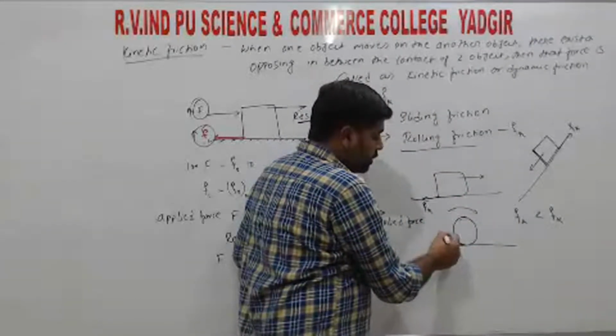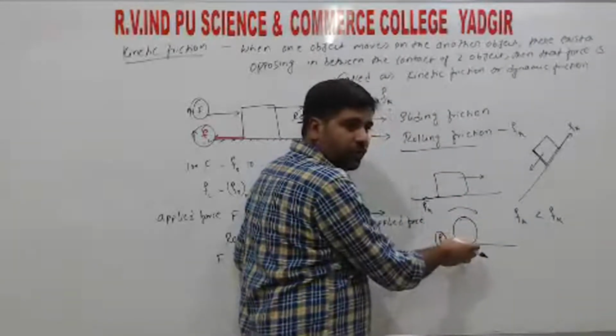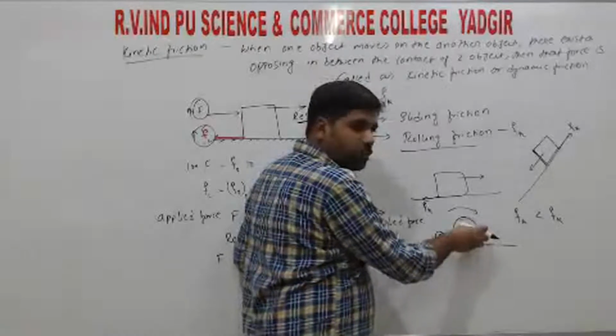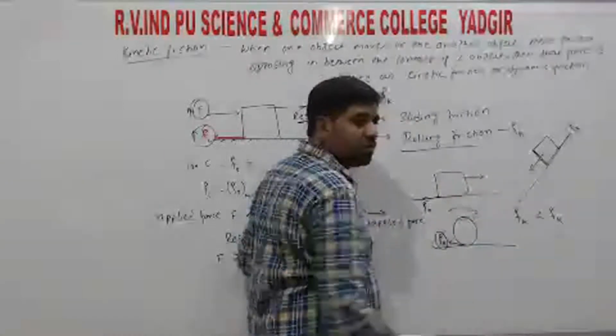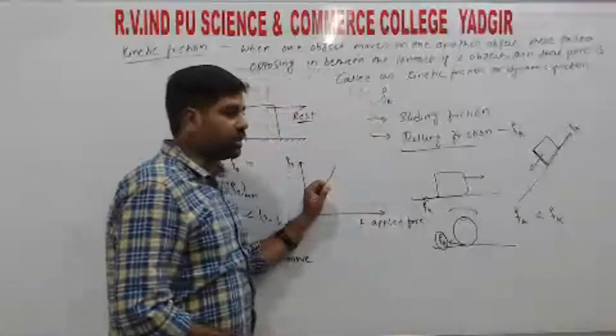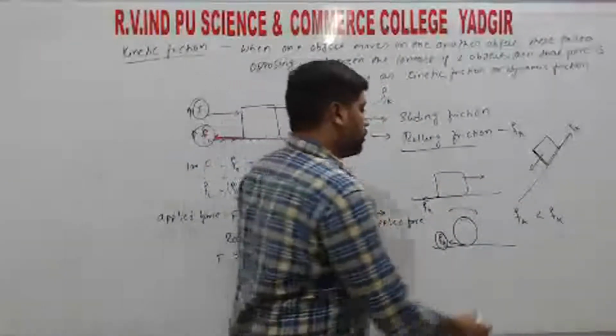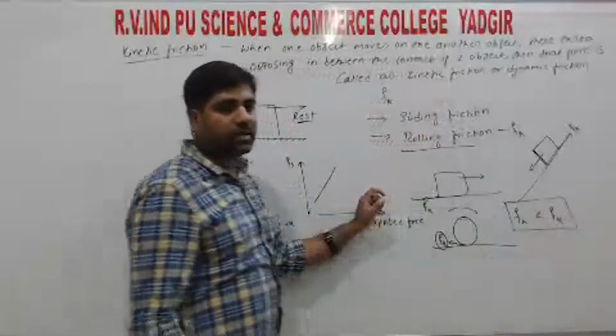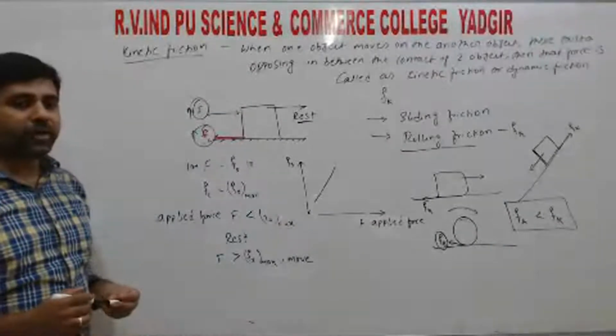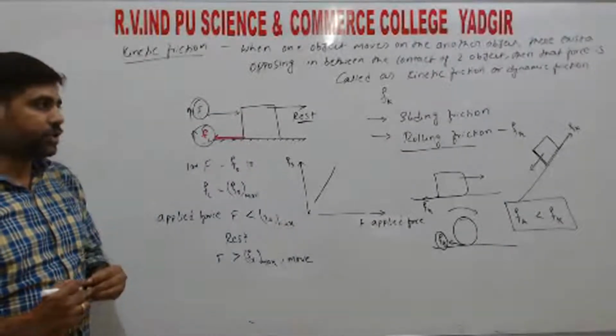The opposing force in rolling objects is less than that of objects sliding on the surface of another object, right? We should remember this: rolling friction is always less than sliding friction or kinetic friction.